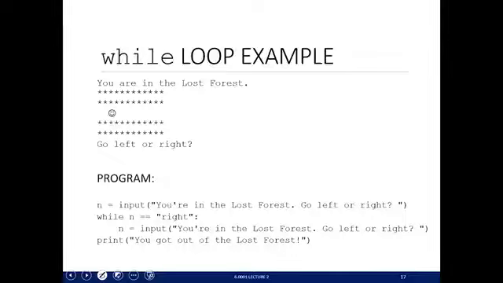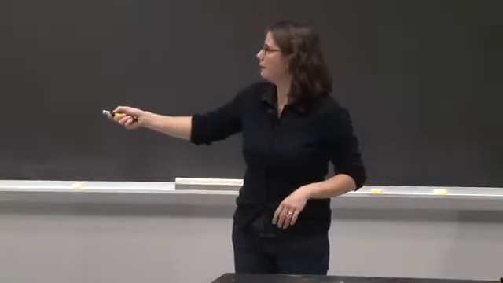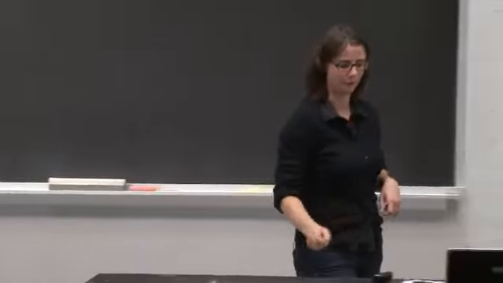It's going to say, while the user keeps typing in right, show them this text and ask them again. I'm asking them again by just saying input here again. And that's it. That's going to just keep getting input from the user. And if the user doesn't type in right and maybe types in left, you're going to exit out of this loop and print out you got out of the lost forest.